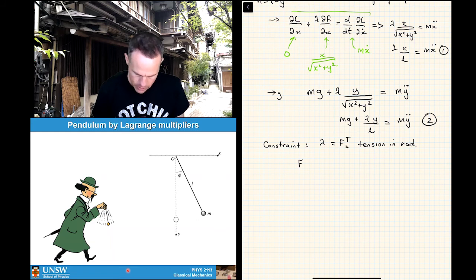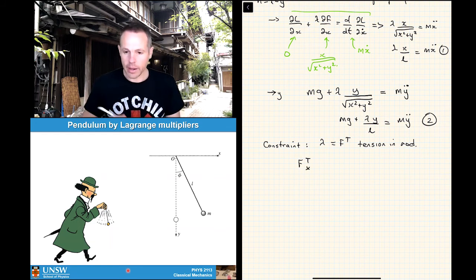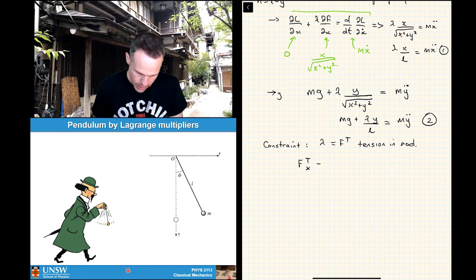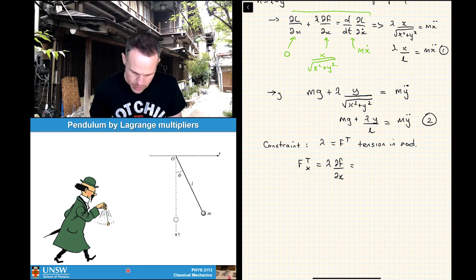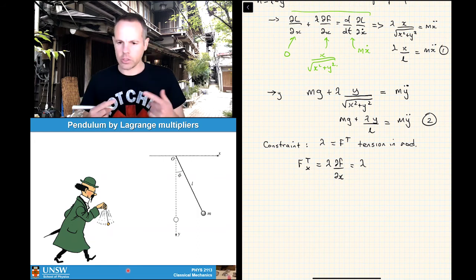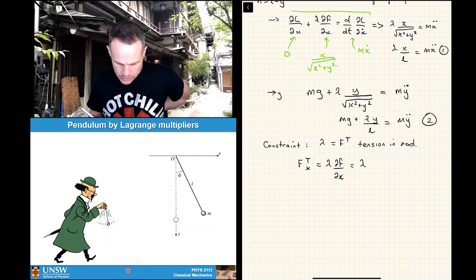F_t, not down there. So F_t of x, just the x component here, I can pull out just using my Lagrange multiplier, right? So it's going to be lambda df/dx. And we worked that out above. Actually, let's just call it lambda for now, just to keep it sensible. This is going to be lambda, and we know that it's x on the square root of x squared plus y squared, right?